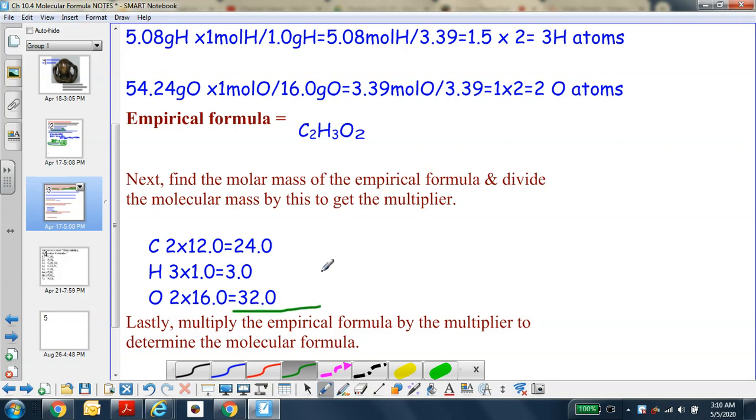It comes out to be 59.0. Okay, so that's my total. And this would be my empirical mass.